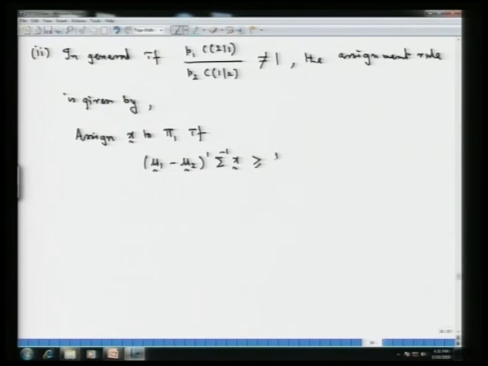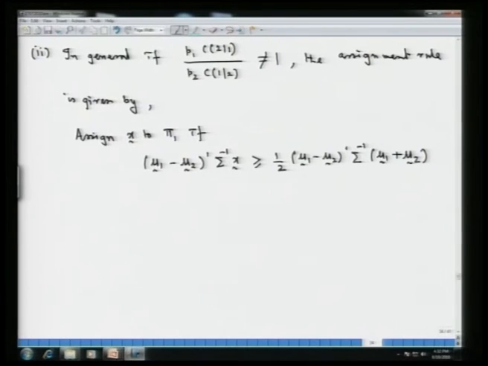This is greater than or equal to, say, half times (mu 1 minus mu 2) prime, sigma inverse (mu 1 plus mu 2). Up to this particular term we had in the previous example, wherein this ratio was assumed to be equal to 1.